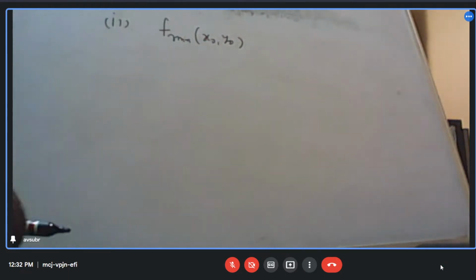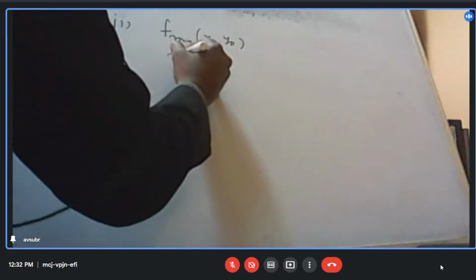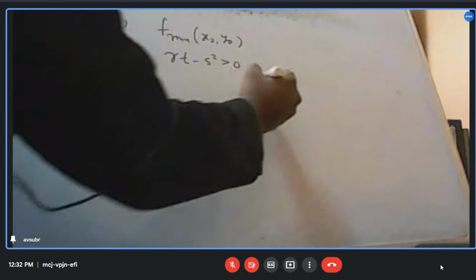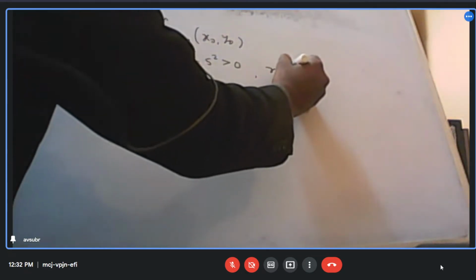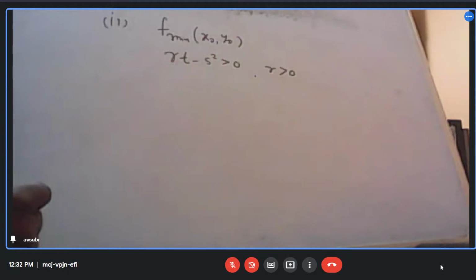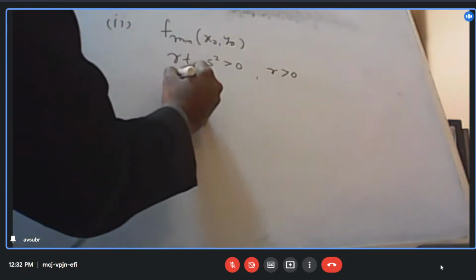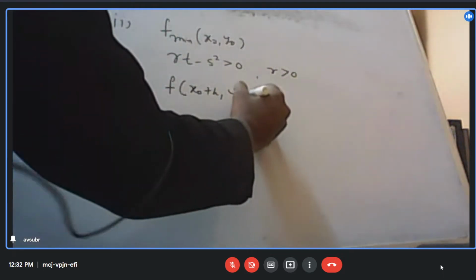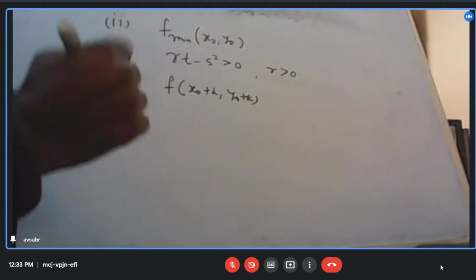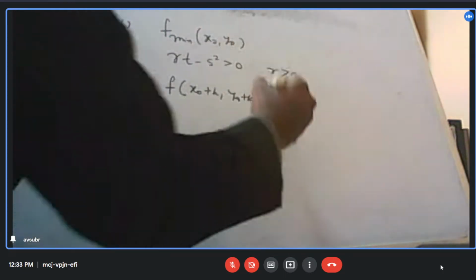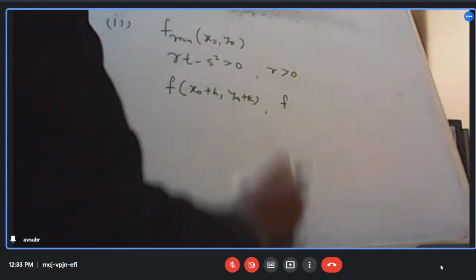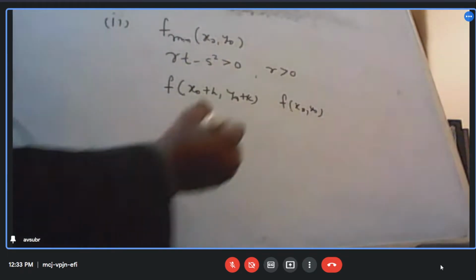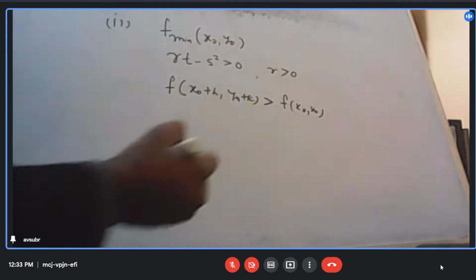So for that, this condition needs to be satisfied: rt minus s square is greater than 0 and r is greater than 0. In that case, what will happen? The functional value at x0 plus h and y0 plus k, means in the neighborhood of the point, f at x naught y naught, this will be greater than this.